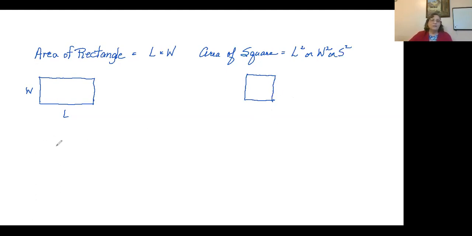If we look at a parallelogram, now with a parallelogram, opposite sides are parallel, but you don't necessarily have 90-degree angles.